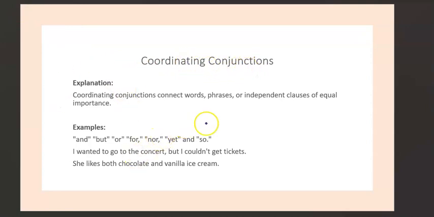These conjunctions connect words, phrases, or independent clauses of equal importance. What do I mean by this? These are conjunctions that connect sentences that talk about the same idea or the same context.